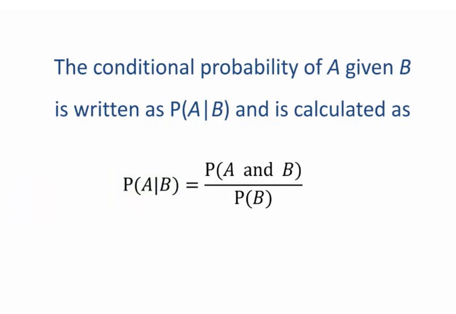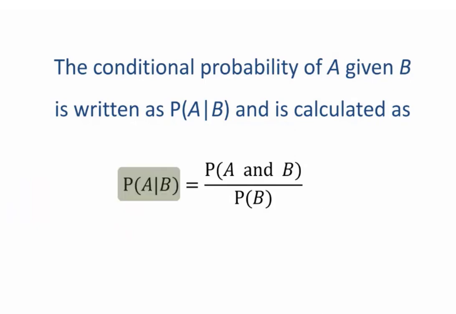Notice again that event B is written after this bar. It means we know the information that event B has occurred, or it is assumed to have occurred from the question. Then the conditional probability of A given B is defined to be the probability of A intersect B divided by the probability of B. One restriction is that the denominator, which is the probability of B, must be positive.